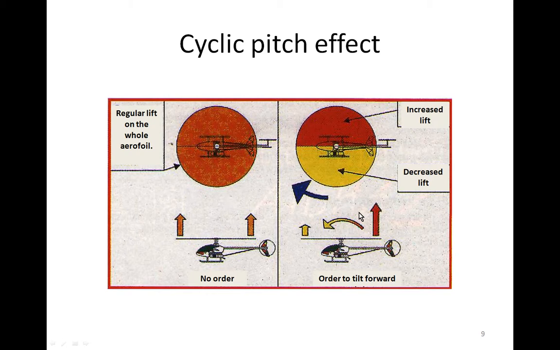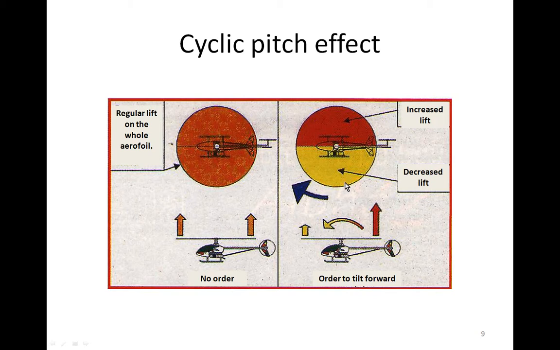On the right, we are giving an order to tilt the heli forward. So the swash plate tilts forward, and we notice that the lift remains not constant on the rotor surface. One side has more lift than the other side, so the heli tilts.